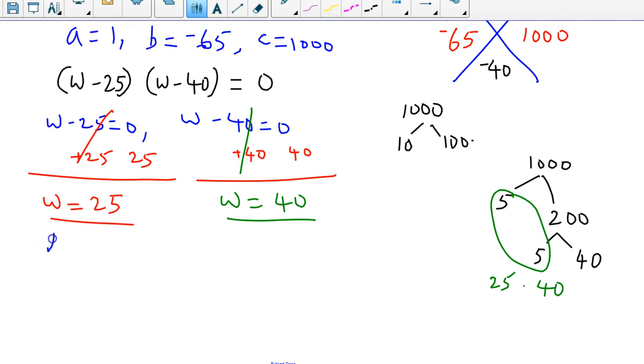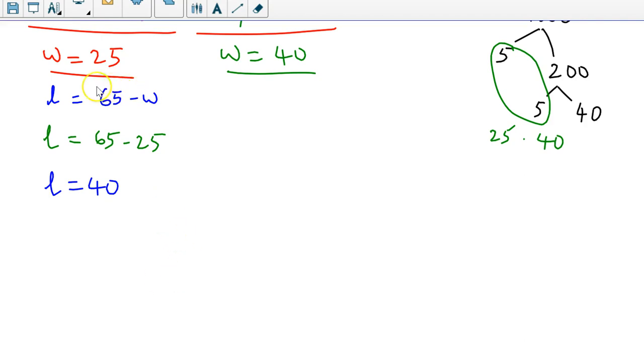We have L, the length, is equal to 65 minus w. So L is equal to 65 minus this w here, which is 25, right? That is giving you the length of the rectangle equal to 40.